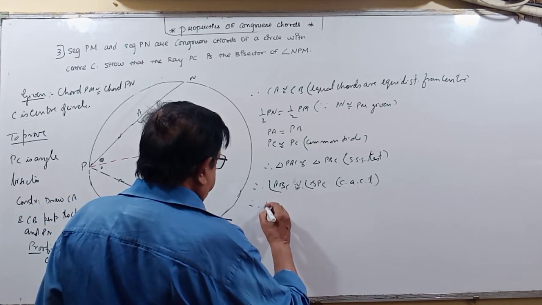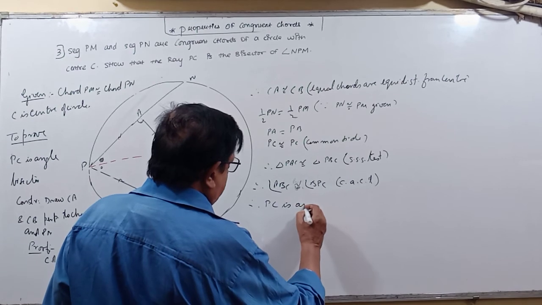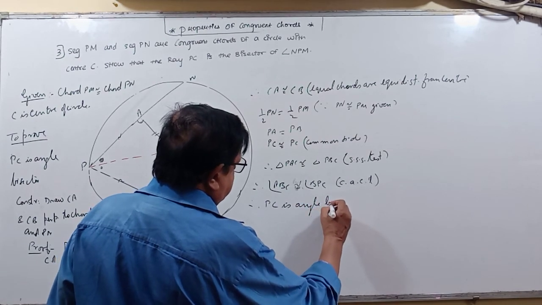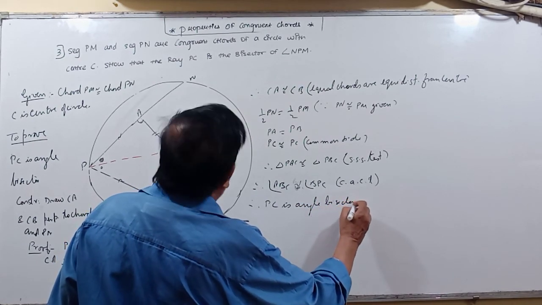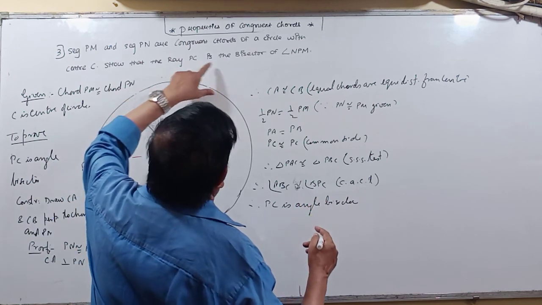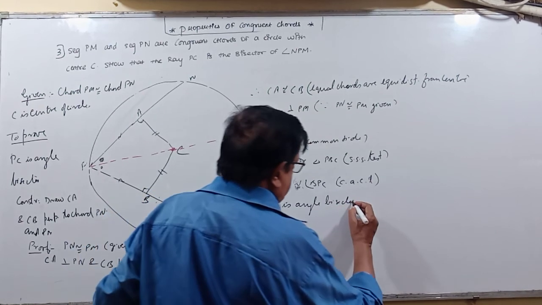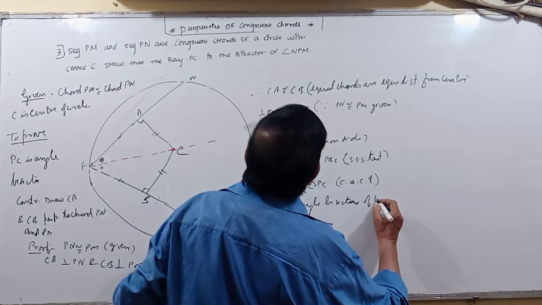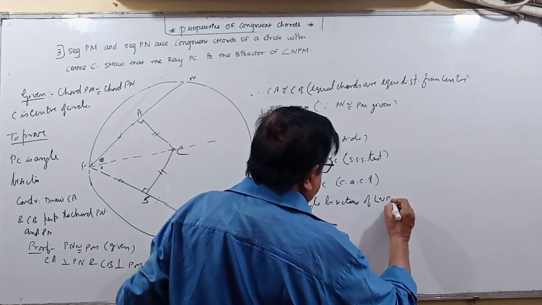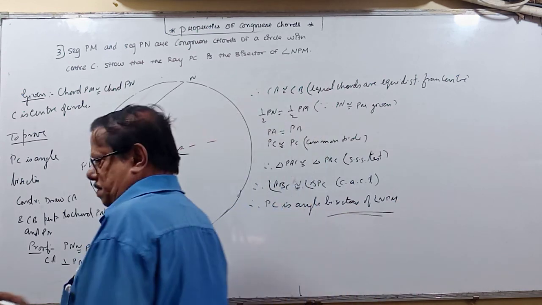Therefore, PC is the angle bisector of angle NPM.